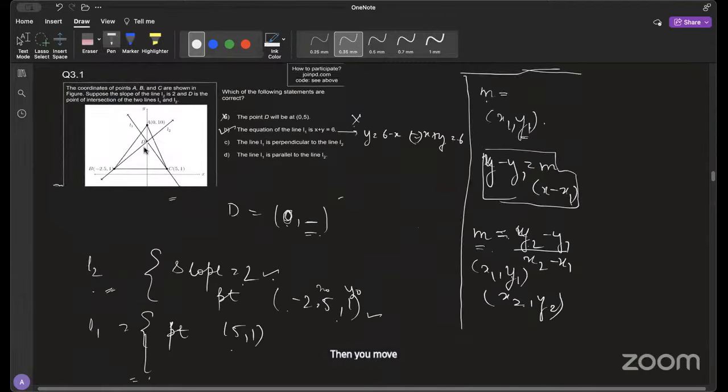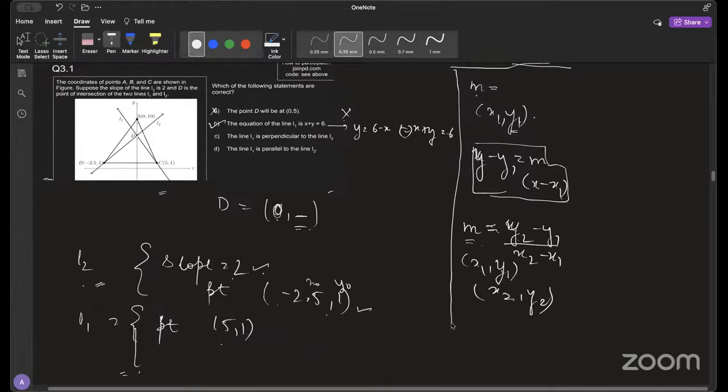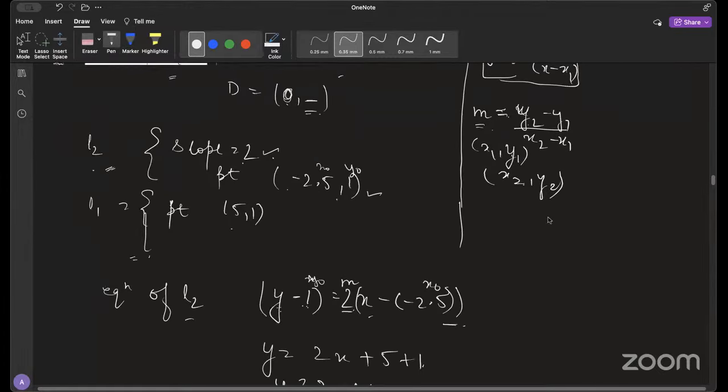Then you move on to this point. So you only know the y coordinate of this point, the x coordinate, because it's on the y axis, right? This point D is on the y axis. This is the y axis and it lies somewhere here.